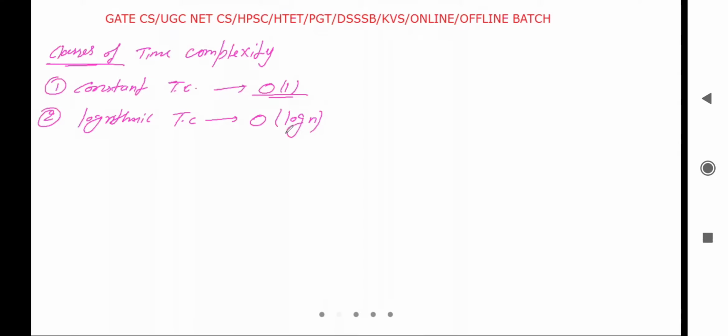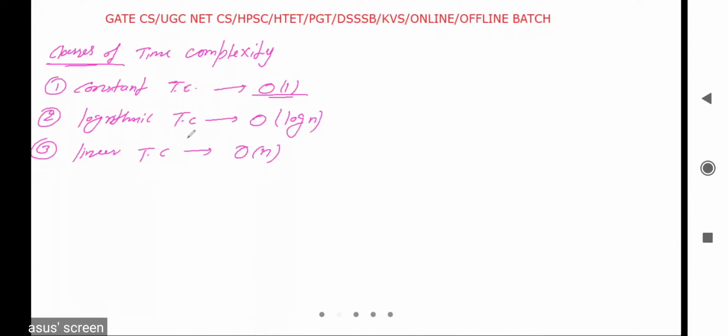Next is linear time complexity, which is represented by order of n.